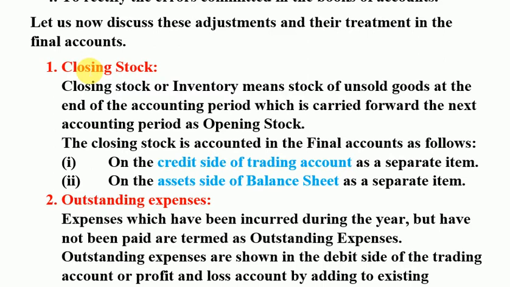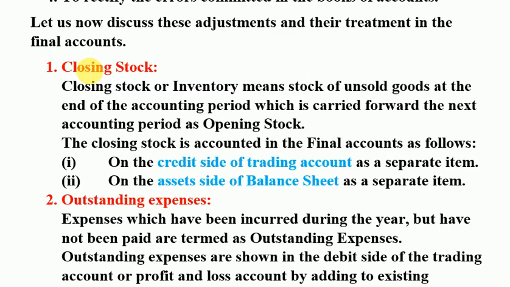Closing stock or inventory means the stock of unsold goods at the end of the accounting period, which is carried forward to the next accounting period as opening stock. As you know, the closing stock, that is the inventory, remains at the end of the year, and that is your unsold goods, isn't it?